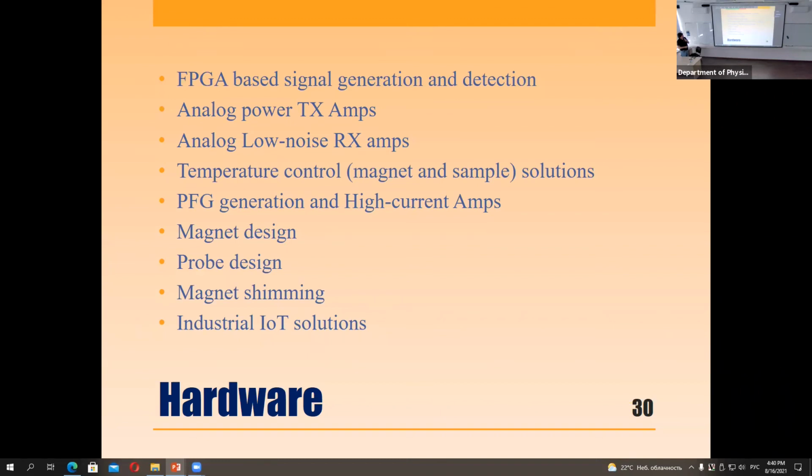It is normally based on FPGA technology, to generate signals and then receive the signal. Now there are no analog receivers at all because they are not competitive. You use high-end A to D conversion and high-end D to A conversion, and all the rest of the processing and generation happens on the FPGA board.